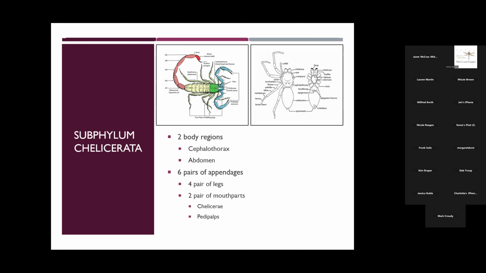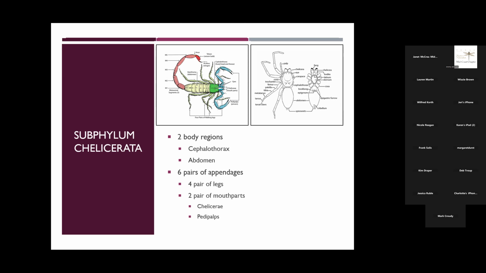If you look at the scorpion picture, the dark green part that you see is the cephalothorax, and the yellow part is the abdomen. The light green appendages are the legs, and the blue appendages are the mouth parts.